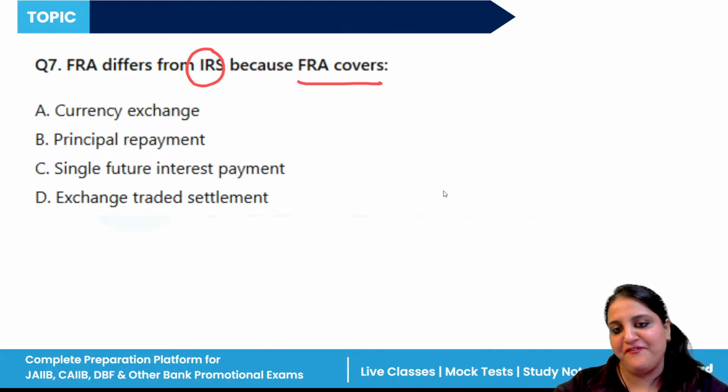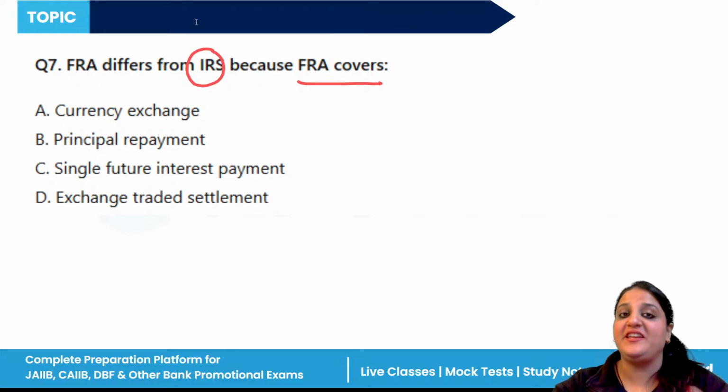So why does FRA differ from IRS? Because FRA covers what?